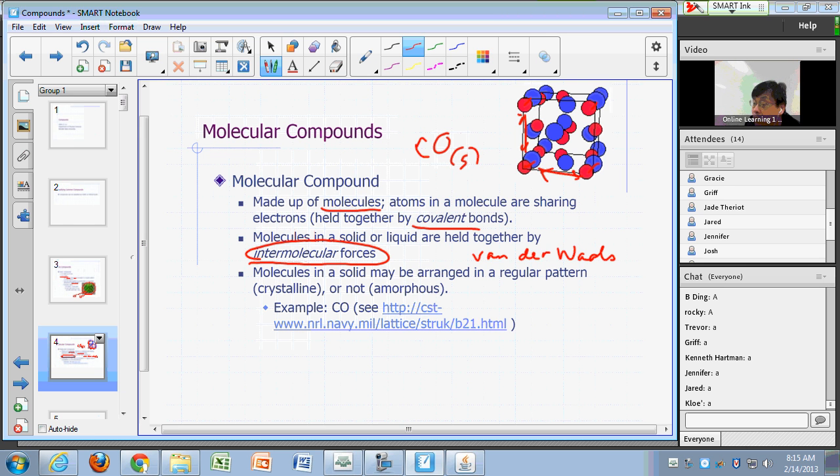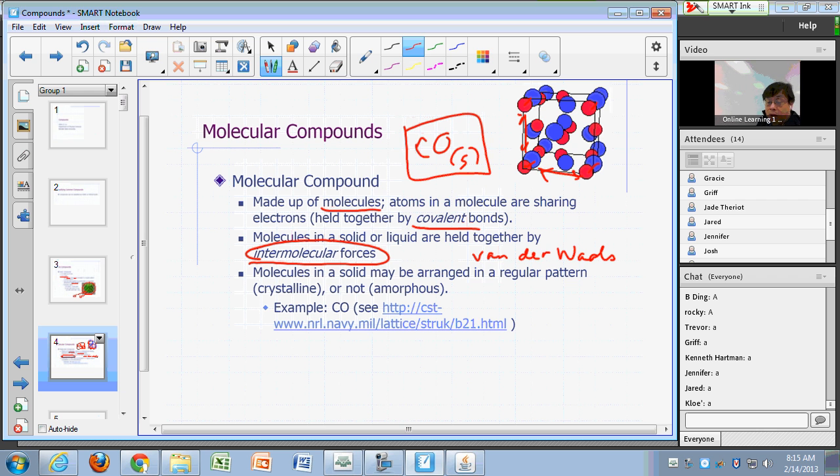They're a lot weaker than the forces holding covalently bonded atoms. As a result, molecular compounds tend to readily melt and vaporize, especially compounds made up of smaller molecules like carbon monoxide. Under ordinary conditions, you'll find them as gases because the attractions between the molecules are relatively weak.